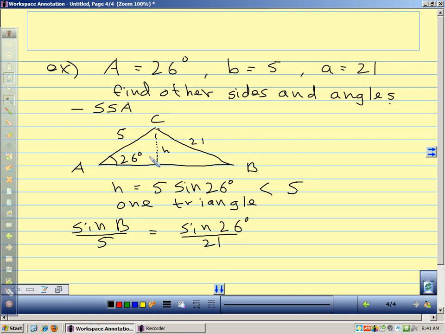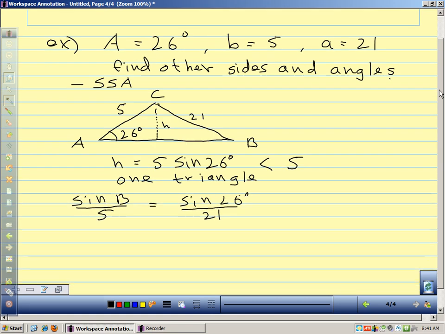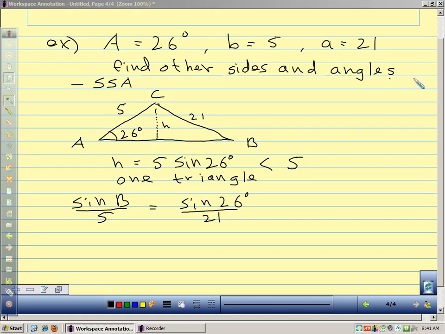I'm using side A, angle A, side B, and angle B. So this tells us that the sine of angle B is 5 sine 26 degrees divided by 21.